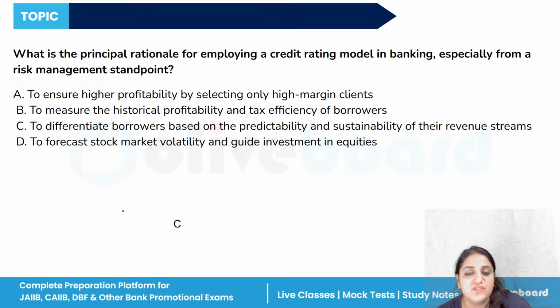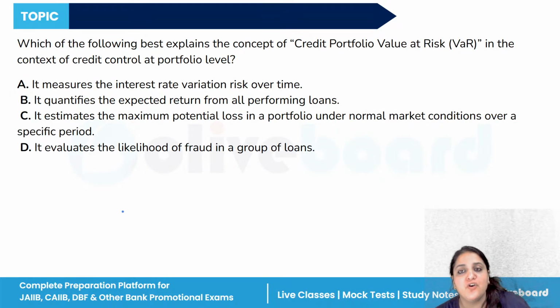Let's see the last question for today. Which of the following best explains the concept of credit portfolio value at risk in the context of credit control at portfolio level?